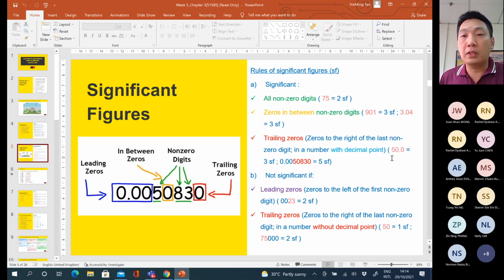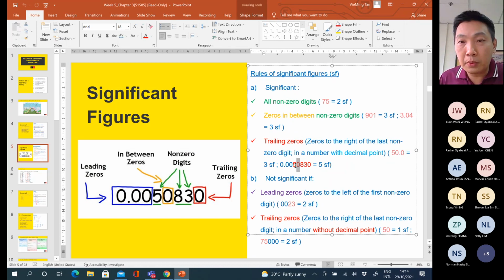Next example, 0.0050830. Because this 0 is in between two non-zero digits, this 0 is confirmed to be a significant figure, right?